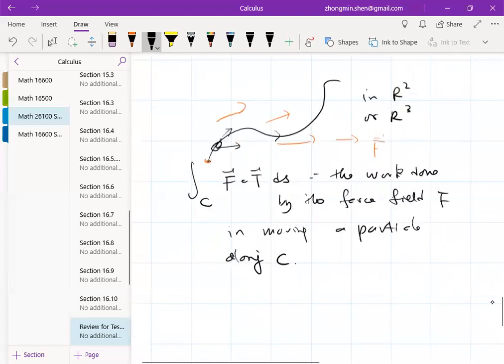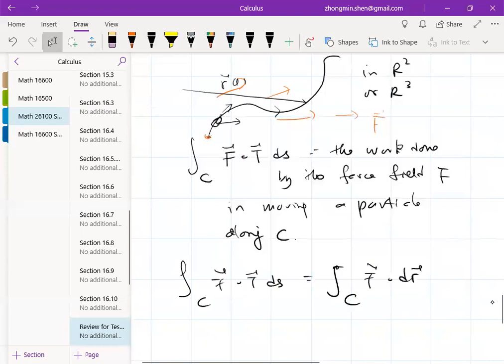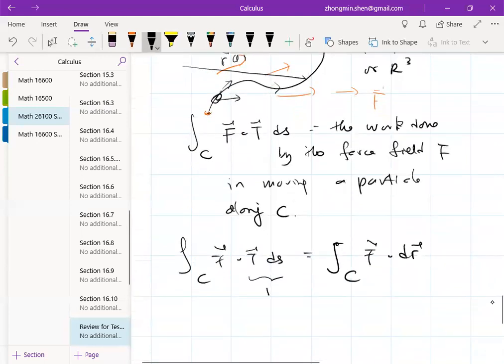Of course, if you know how to parameterize it, if there's this parameterization r of t, then this integral is usually traditionally written in this form. So this part is just dr if you know the parameterization.